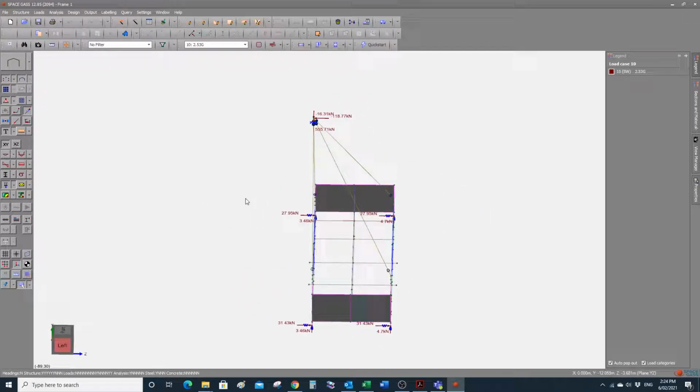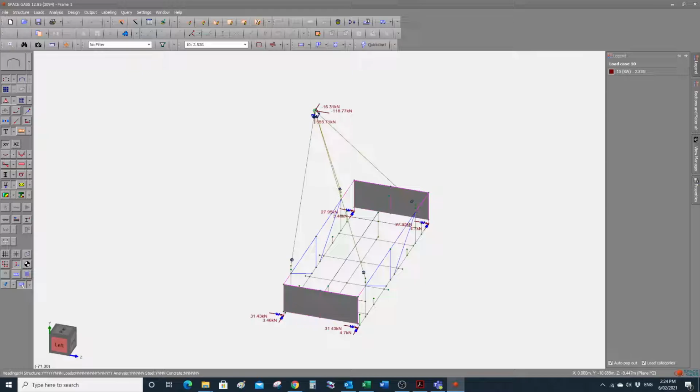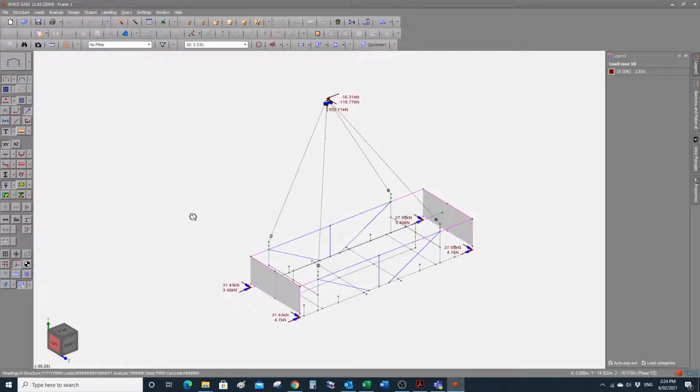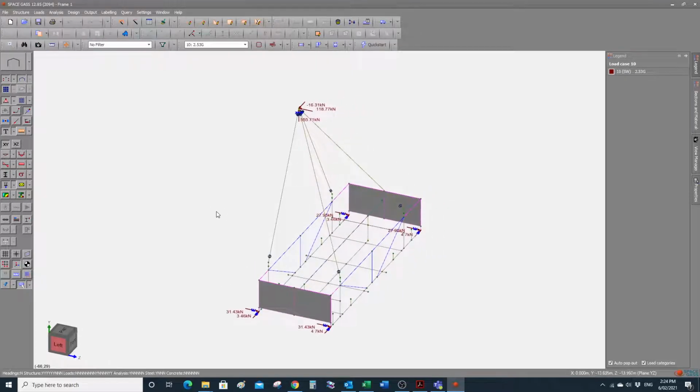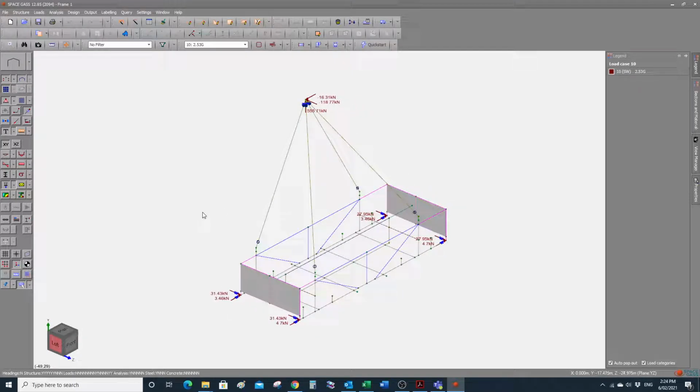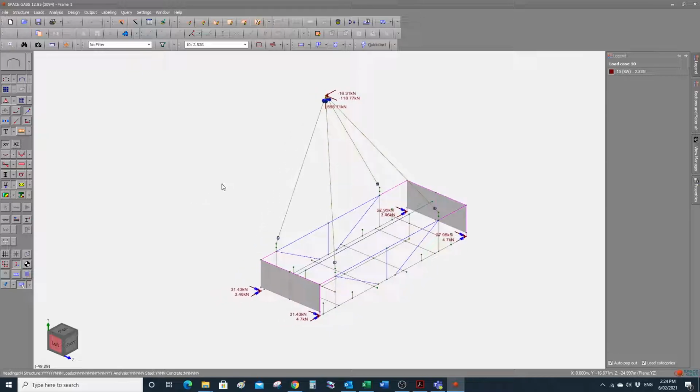And the aim is to move the hook over the COG so that all of this horizontal reaction disappears. It's important for a lifting analysis to know where your COG is.